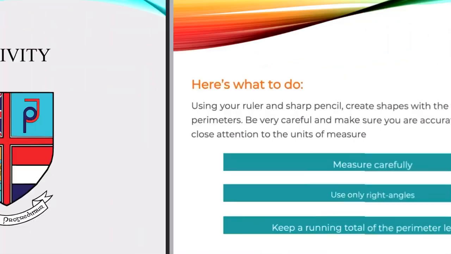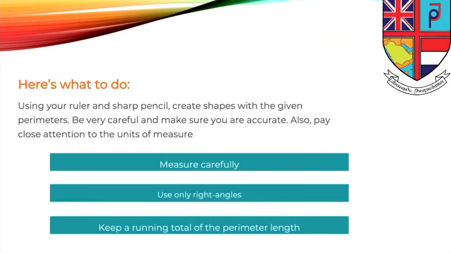Okay, and our final activity for today, using a ruler, I'm going to write down 3 different measurements, 3 different perimeters, and you are going to try and draw these yourselves. Okay, so the first one I'm going to ask you to do is something with 20 units. So that's A for you. And then B, I'm going to ask you to draw one with 10 units.